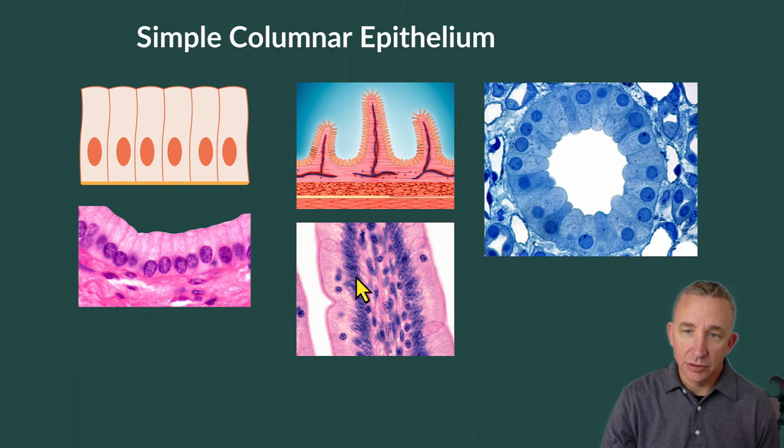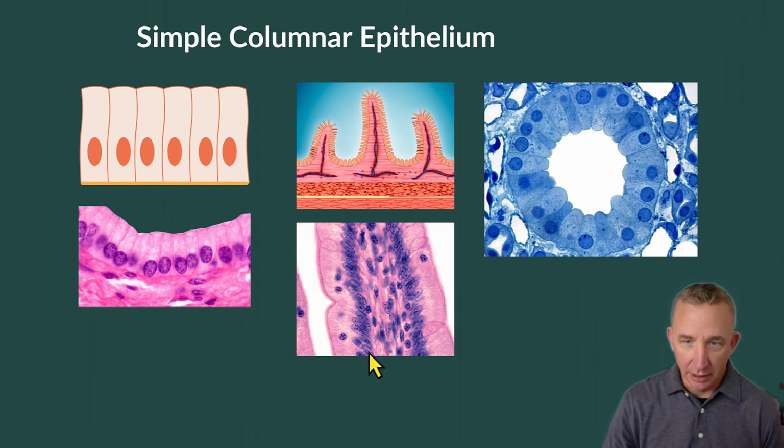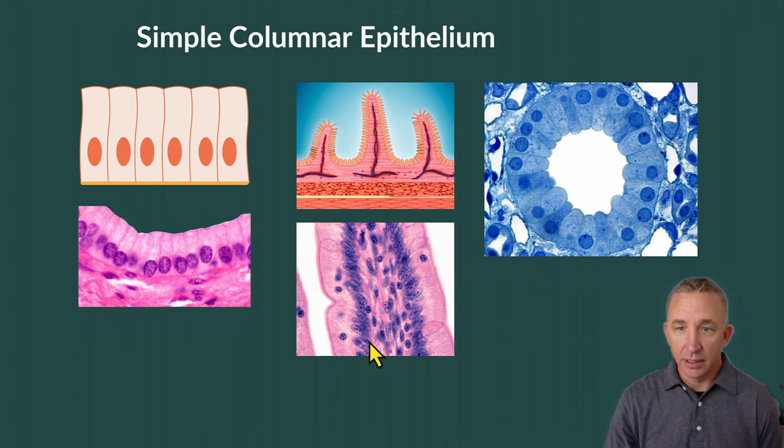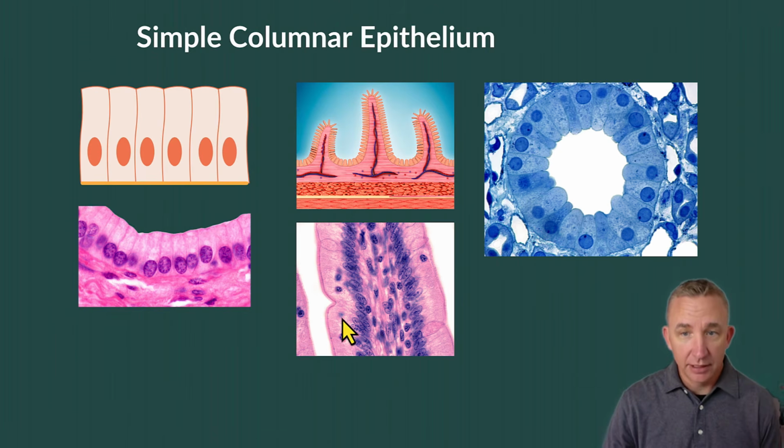Because I can see those nuclei. In the middle here, almost like you're looking at a finger, the meat of the finger is connective tissue, whereas the lining of the finger, that's my simple columnar epithelium. So those individual cells are going like this, and so I have a lot of cytoplasm here. I can't see too well the plasma membrane, but I know cell to cell just because of those individual nuclei.